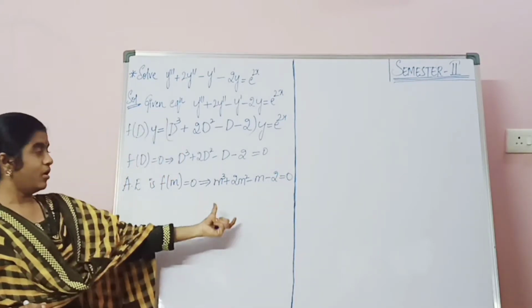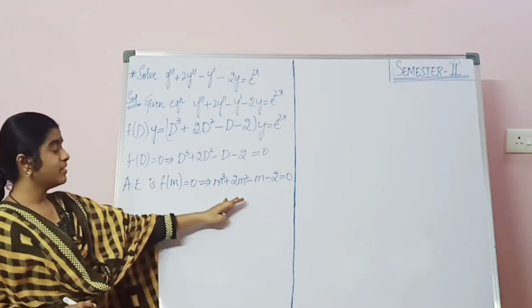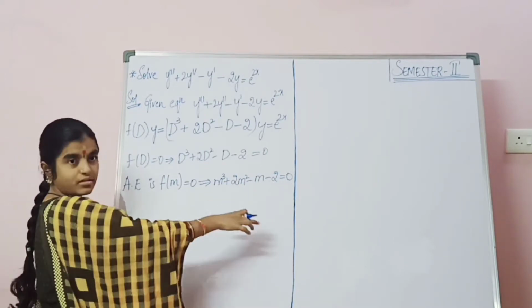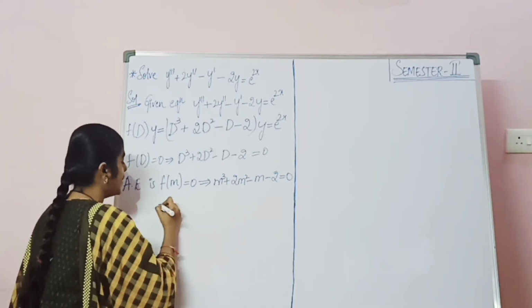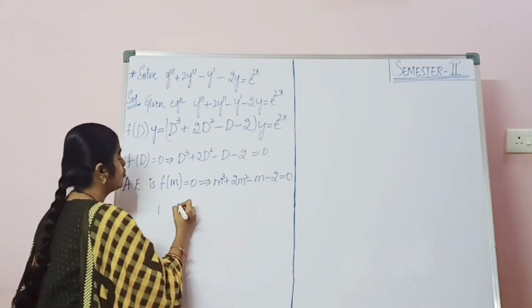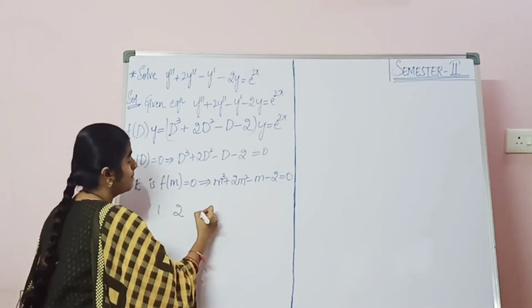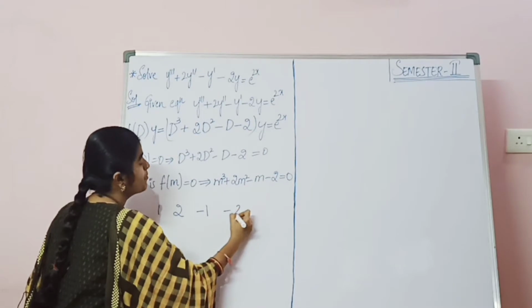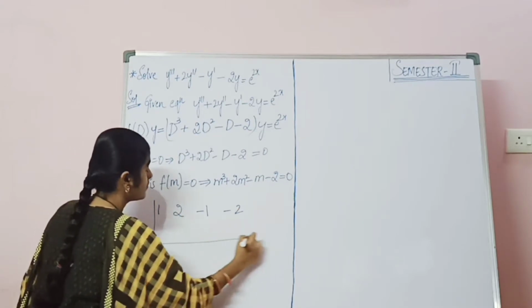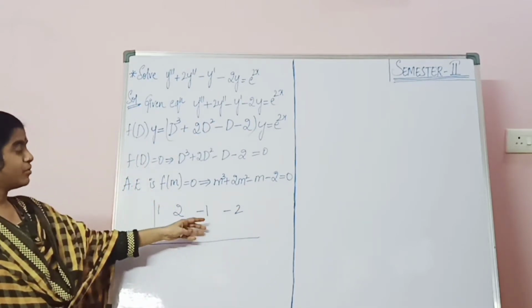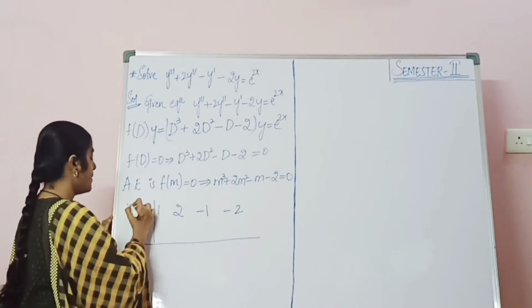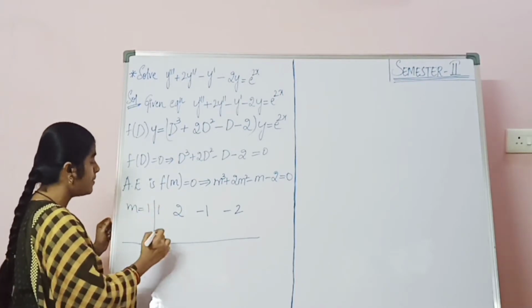Now we can solve this equation by the synthetic division method. The coefficients are 1, 2, minus 1, minus 2. What is the suitable root we can take here? m equals 1 is the suitable root.